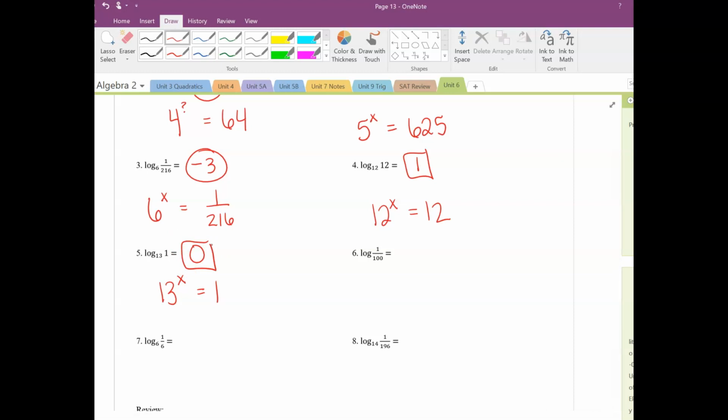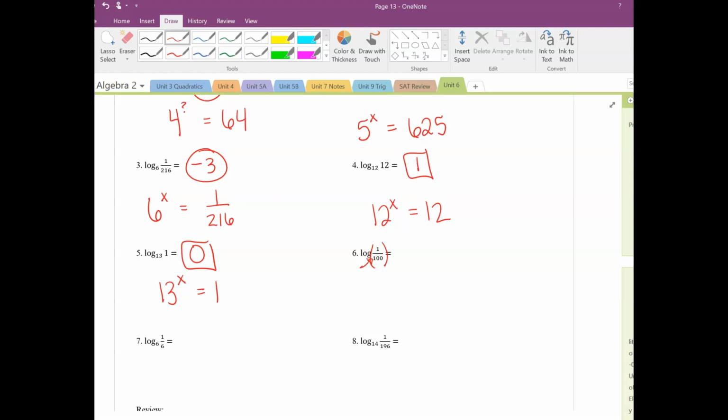Log, what is the base here? There's no number written underneath there. There's always a base on the logarithm. In the United States, we use a base system of 10. Thinking about money, every time you move the decimal place over one place, that's multiplying by 10.